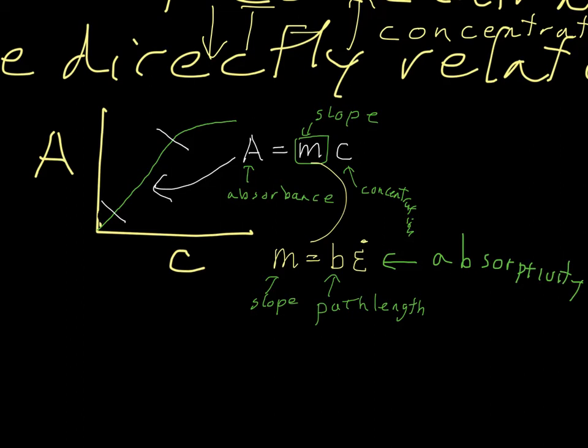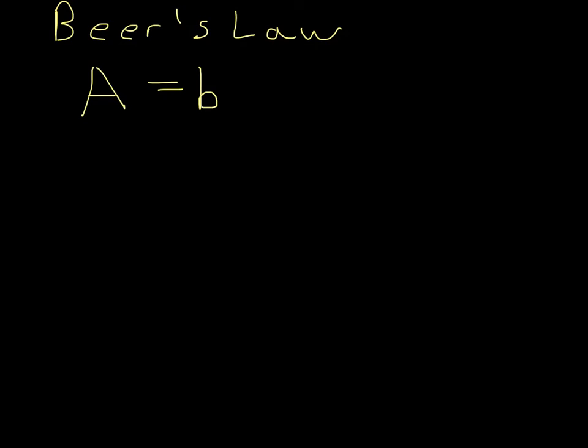Real quickly, before we talk about what absorptivity is, let's summarize here. Beer's law is formally written as absorbance equals path length times absorptivity times concentration.